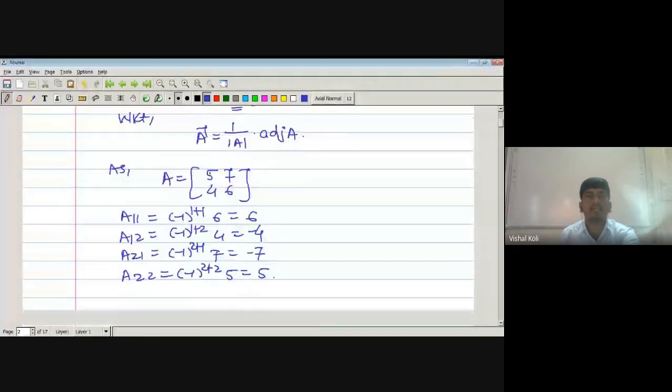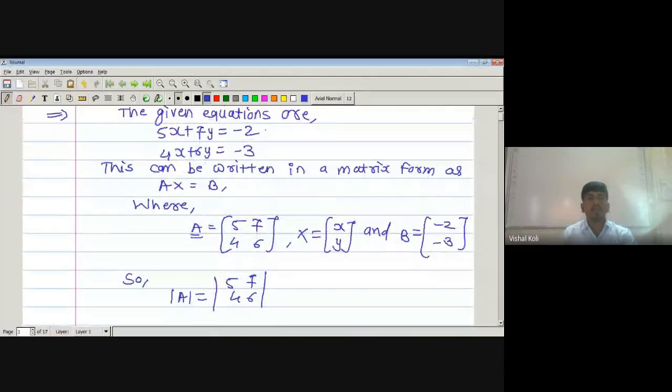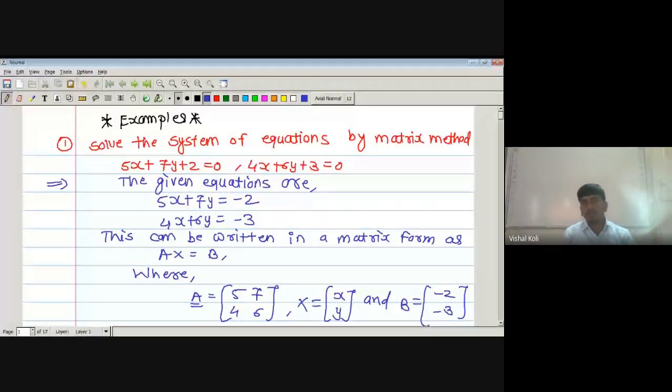If we put 5x as 9 by 2 and plus 7y as minus 7 by 2, which equals 5 into 9, 45 divided by 2, plus 7 into minus 7, minus 49 divided by 2, which is equal to 45 minus 49, minus 4 divided by 2, which is equal to minus 2, and this is the required value.